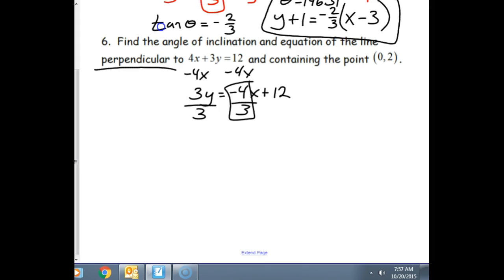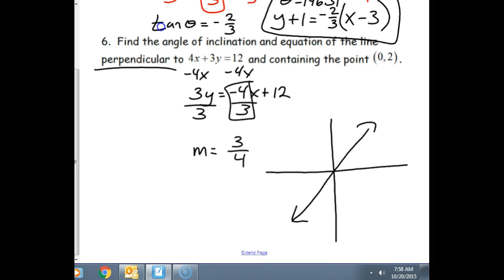Okay, find the perpendicular. I just need to flip it over and change the sign. So there's our new slope. Alright? That's a positive slope. So I'm looking at this line right here. Positive slope. That means your angle of inclination is right there.